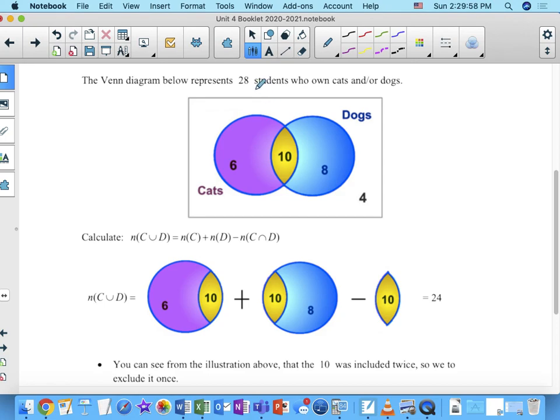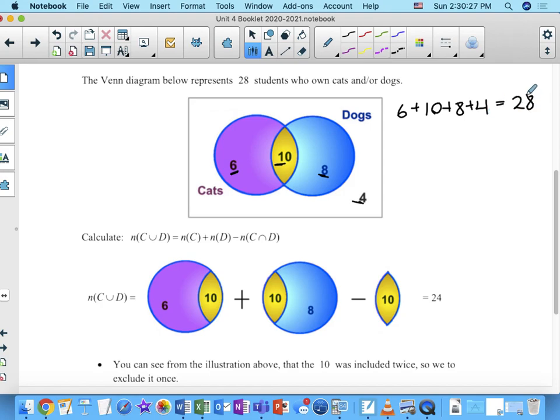Okay, so it looks like 28 students were surveyed about who owns a cat or a dog. Okay, and if you look at what's going on here, there's 4 regions. There's only cat, only dog, both, or neither. And if you add up all of those regions, you've got 6 plus 10 plus 8 plus 4, so that's 10, 20, 28.